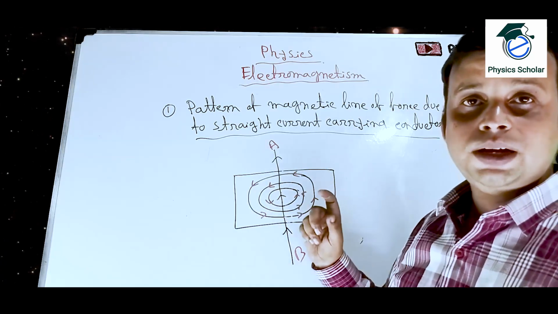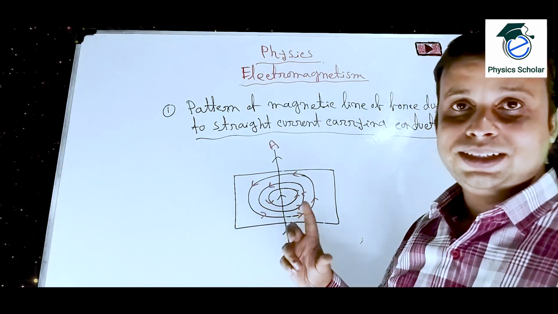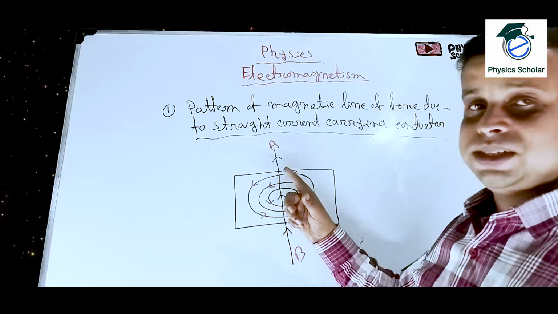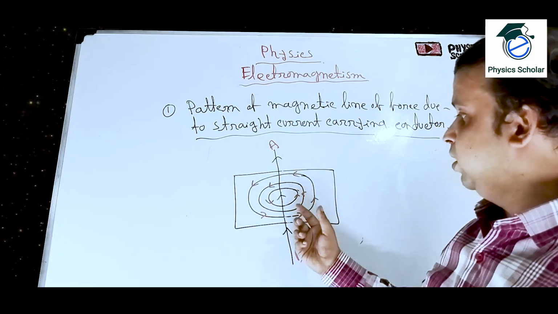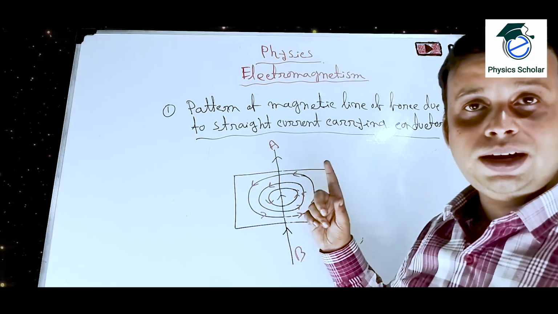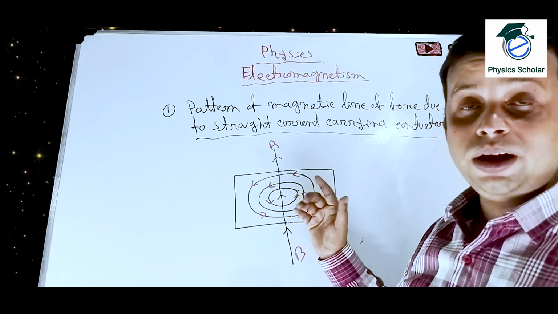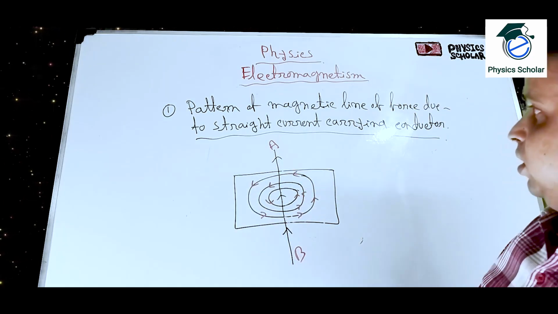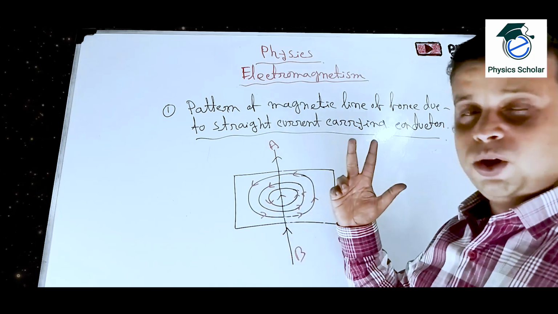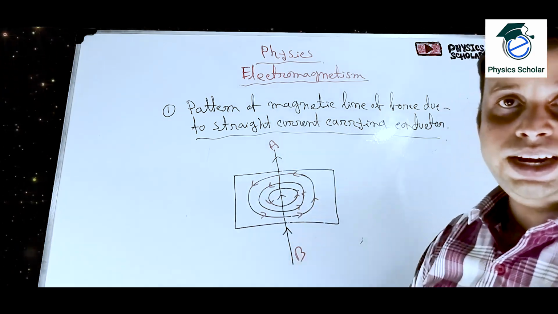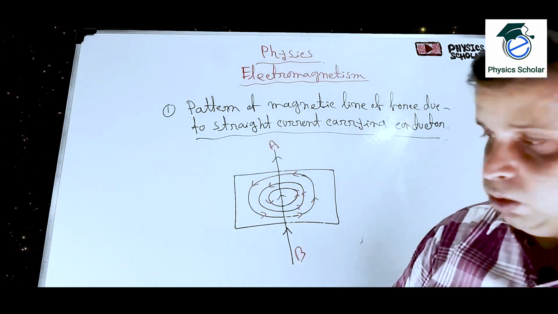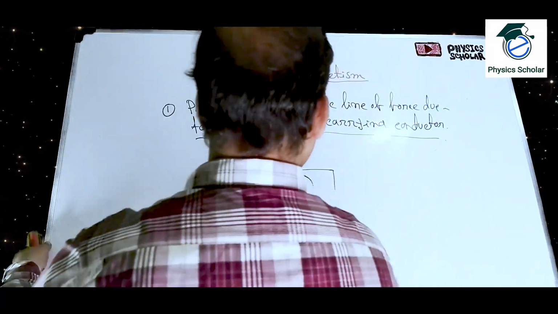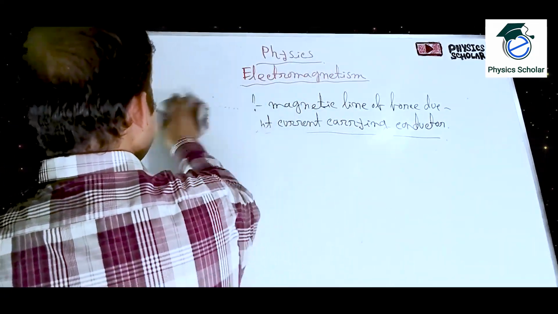Each circular shape indicates the magnetic line of force, and the direction will obey the Maxwell corkscrew rule or right hand grip rule. So this is the pattern of the magnetic line of force due to a straight current carrying conductor. Now moving to the next topic.